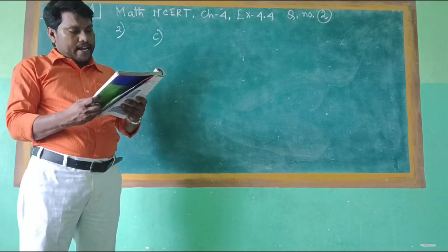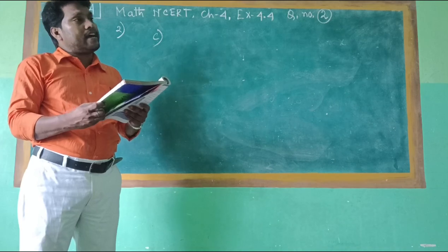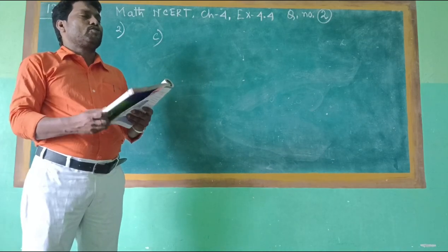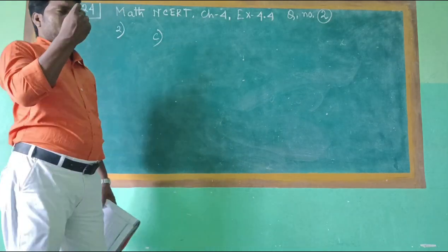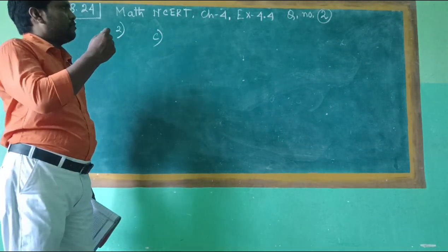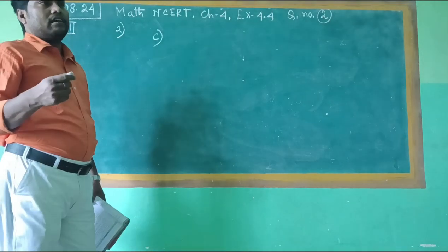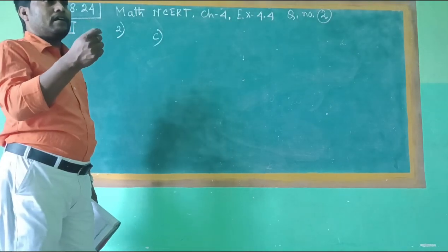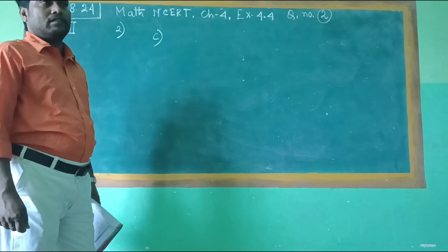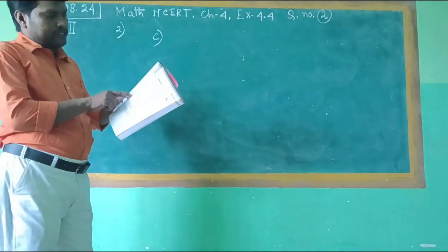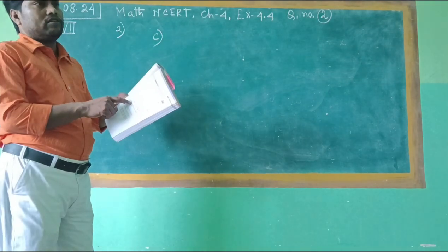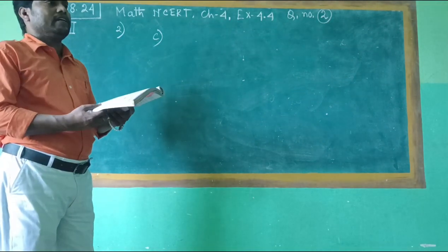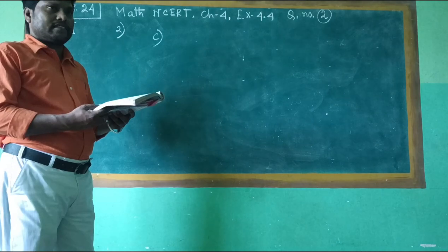Sachin scored twice as many runs as Rahul. So at first, you have to let the runs of Rahul, because there is the relation. Sachin scored twice as many runs as Rahul. So the score of Rahul is x.